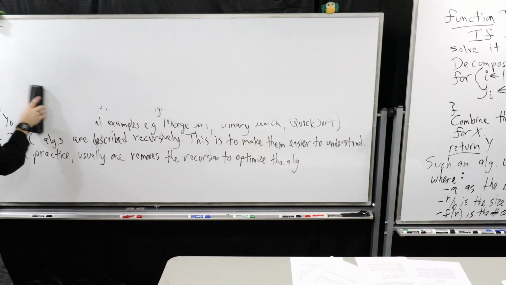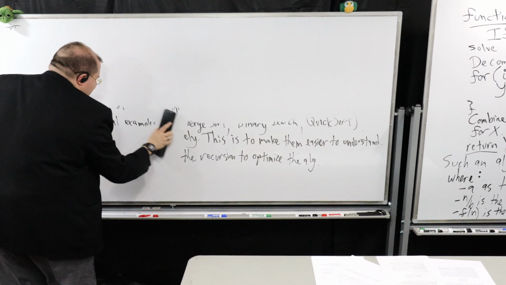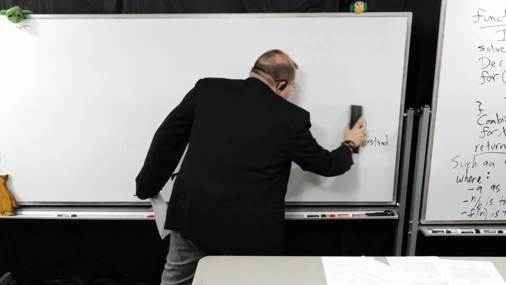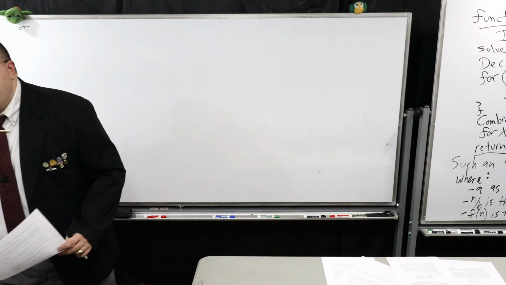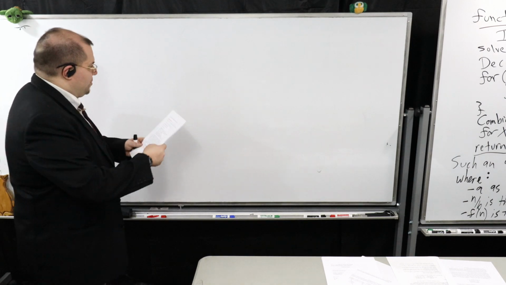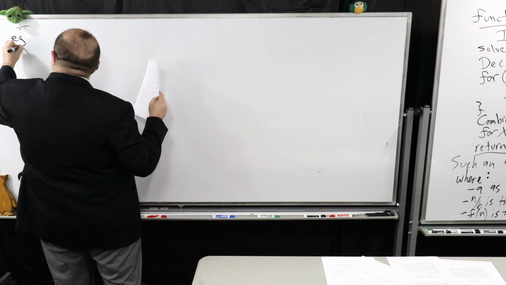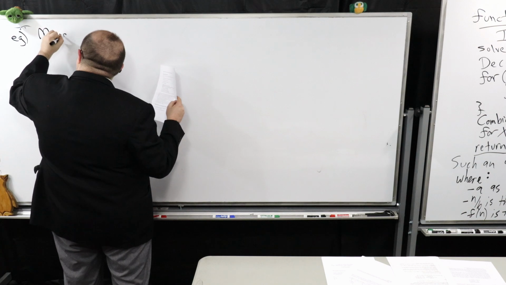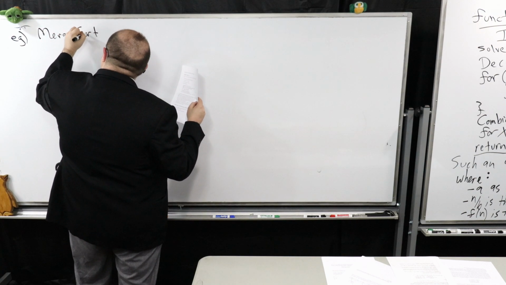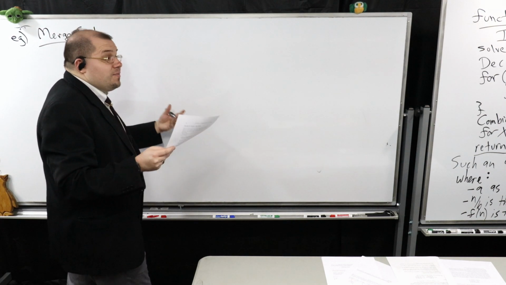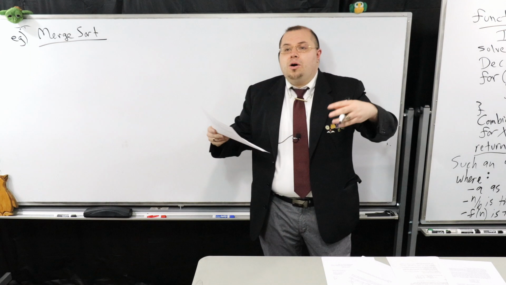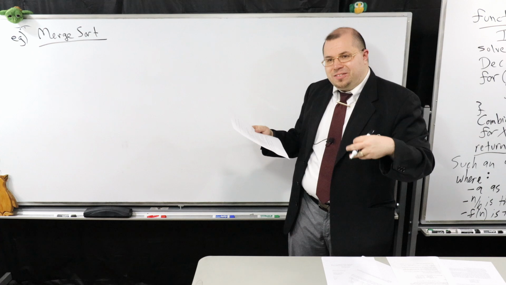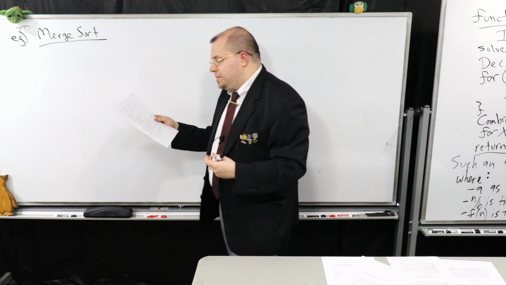Let's try applying what we just talked about to merge sort. I'm hoping I can give you some intuition around how we come up with the time complexity here and all of the ideas we've been talking about up to this point, like the recursion tree.